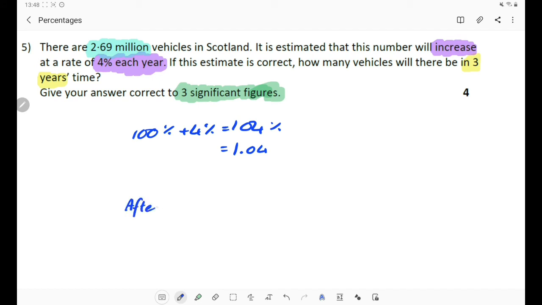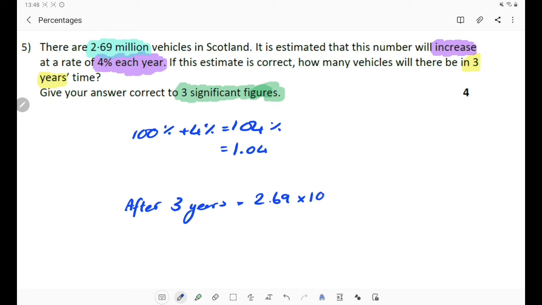After 3 years, we take the decimal. Though, as I said in the call, if you did turn this into millions, so you had 2,690,000, that would be okay. You'll still get the same answer at the end.